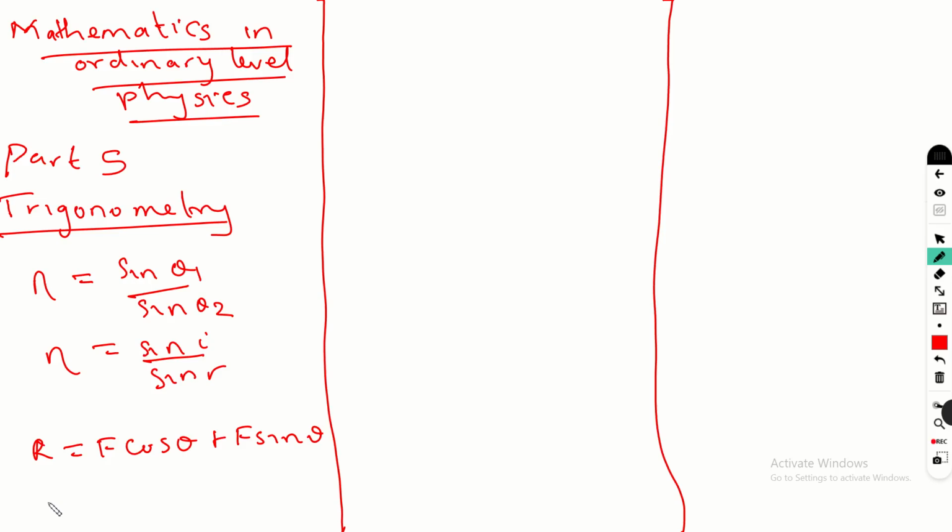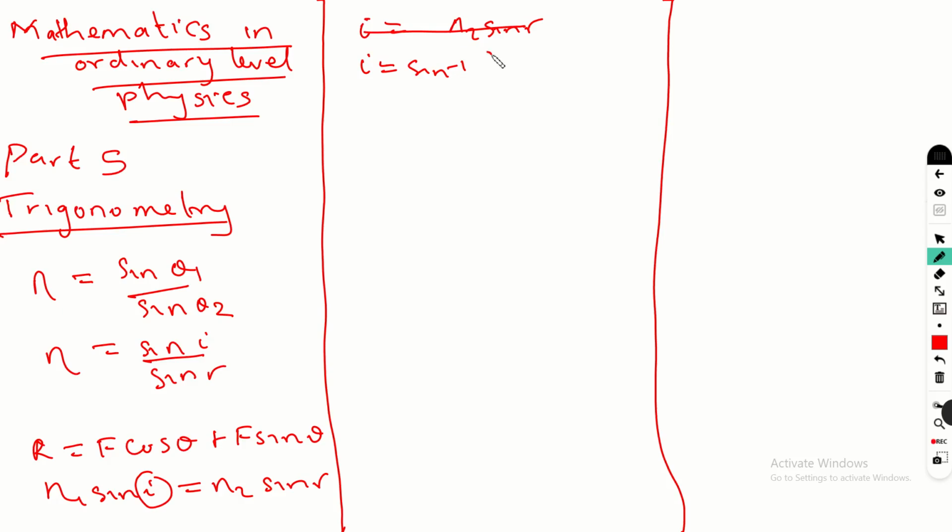For example, if they give you n1 sine i equals n2 sine r, you're expected to know how to look for i. So i is equal to the sine inverse of n2 sine r over n1.